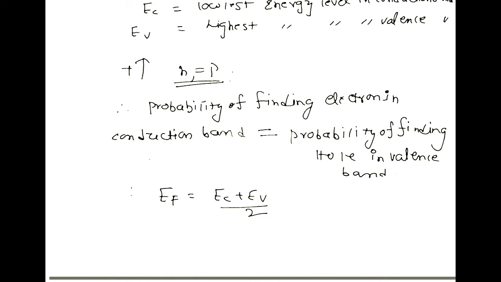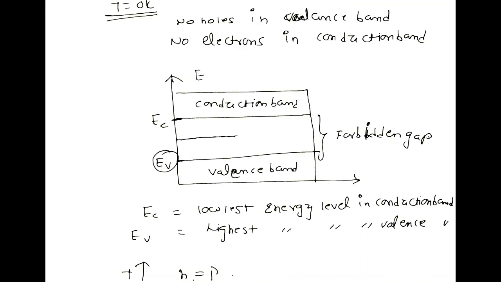So in the energy band diagram, the Fermi level for the intrinsic semiconductor lies exactly in the center of the forbidden energy band or forbidden energy gap. This is the Fermi level EF. So hence the energy band diagram for intrinsic semiconductor is like this.